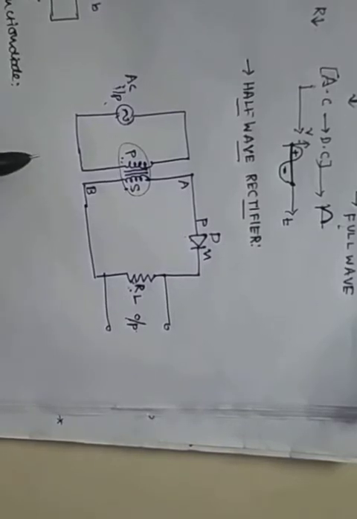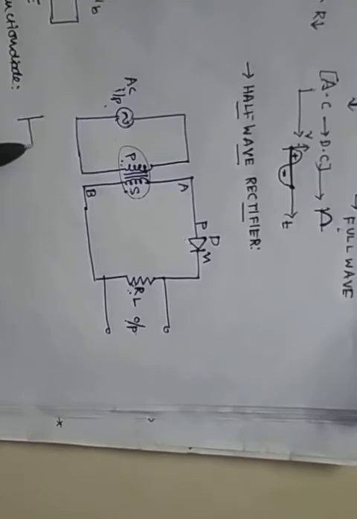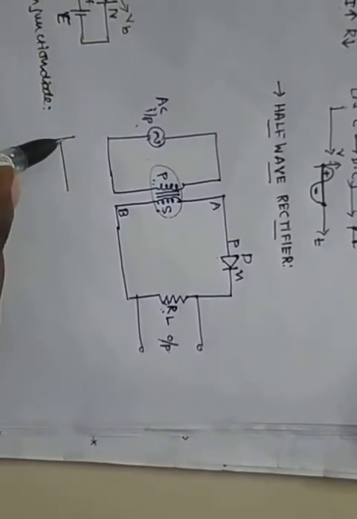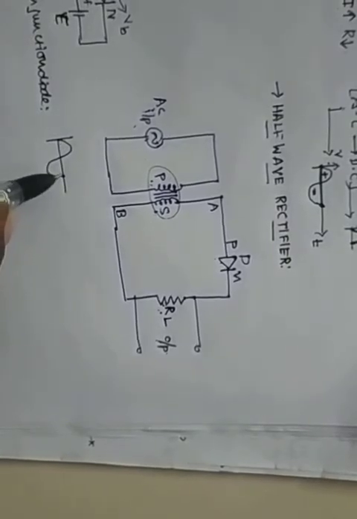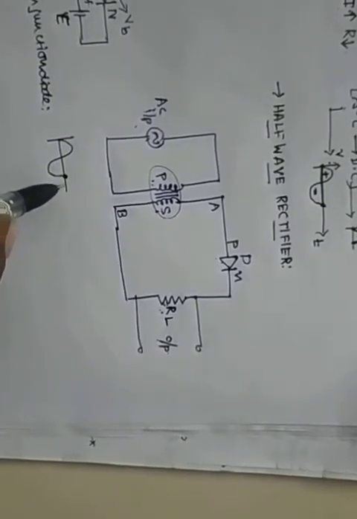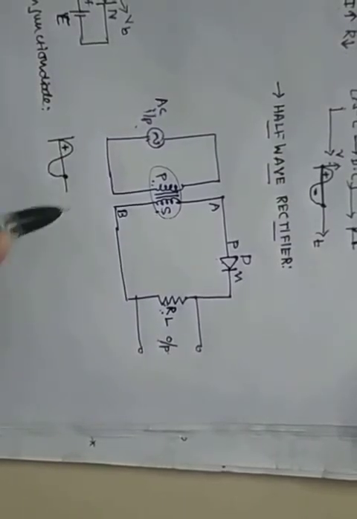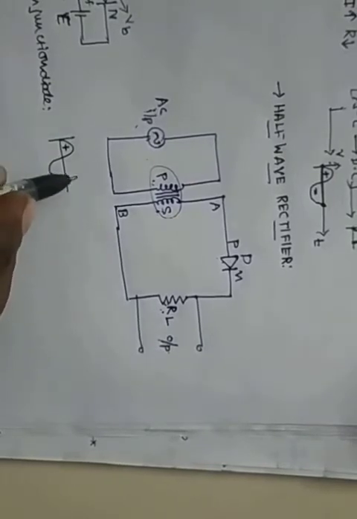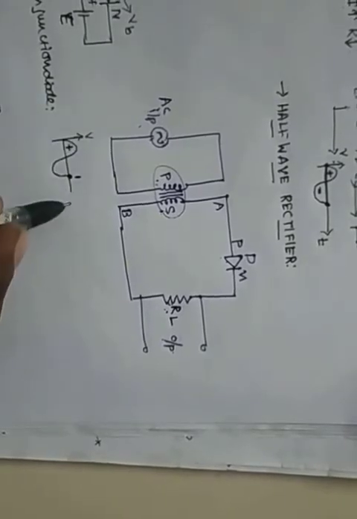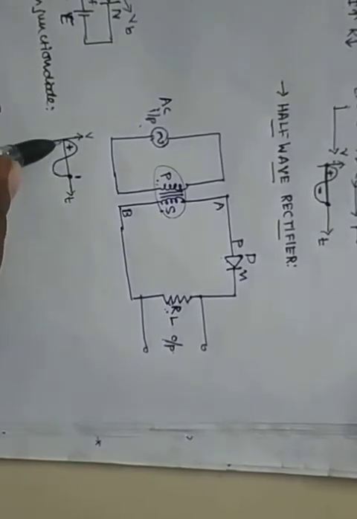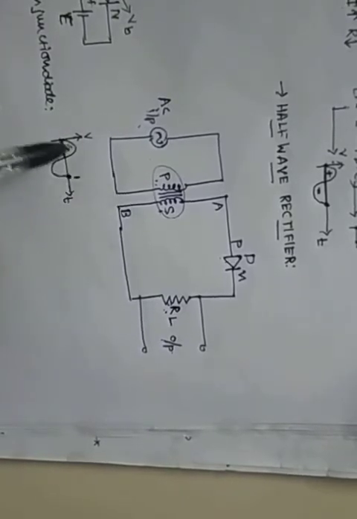Now let us consider the input wave. I am giving the AC input, this is the first cycle. During this first cycle, what happens? Up to here is the first cycle. This is called the positive half cycle.